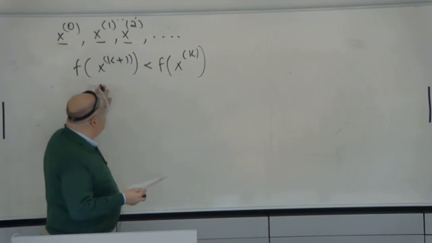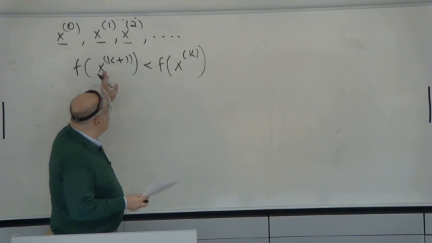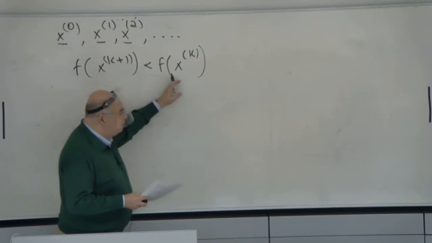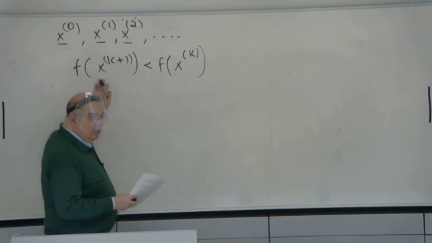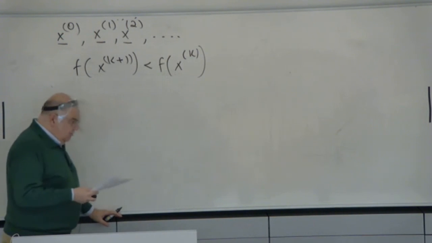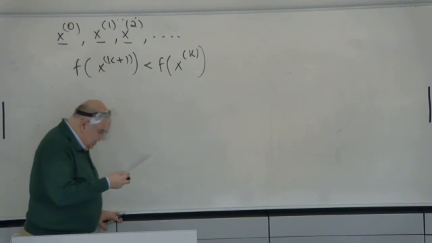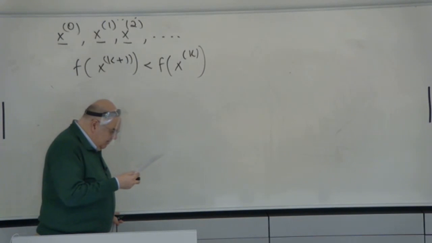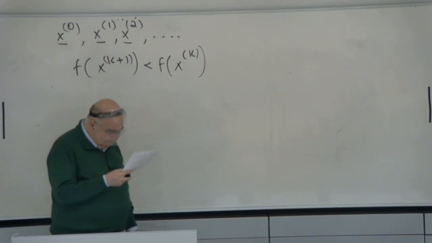So we want to create a sequence of points in Rn such that this sequence is approaching the minimizer. The value taken at the next point is less than the value taken at the previous point, so we are decreasing, the situation is getting better and not worse.